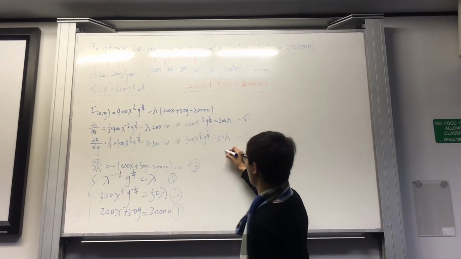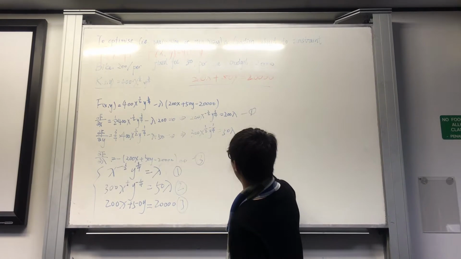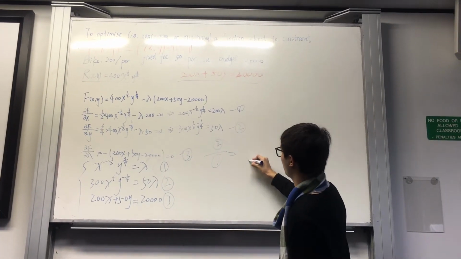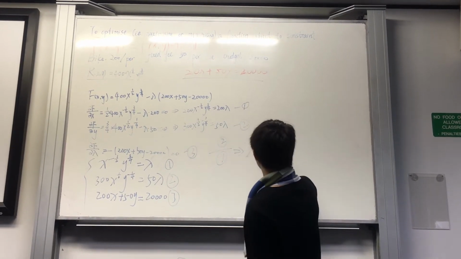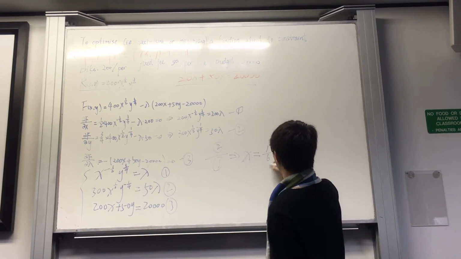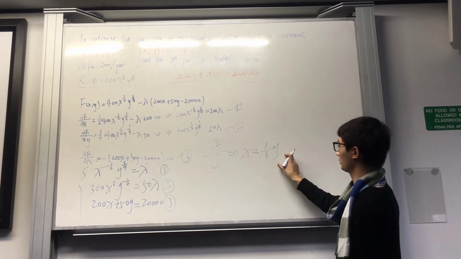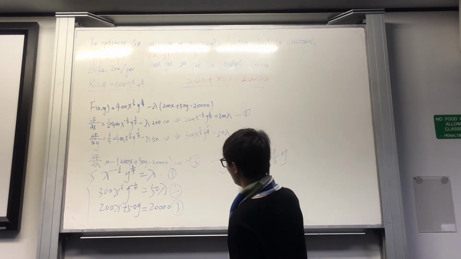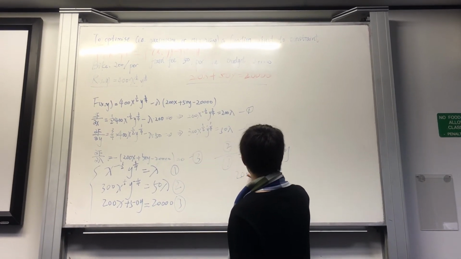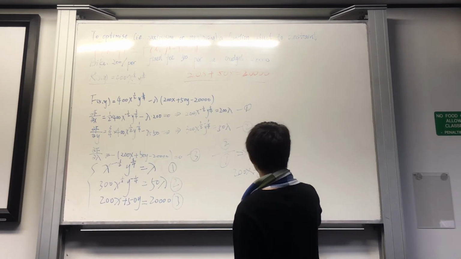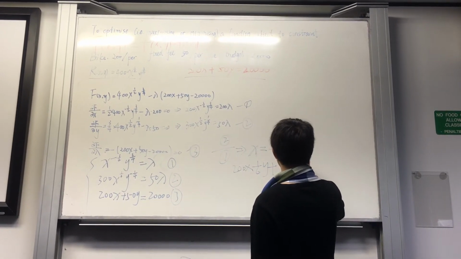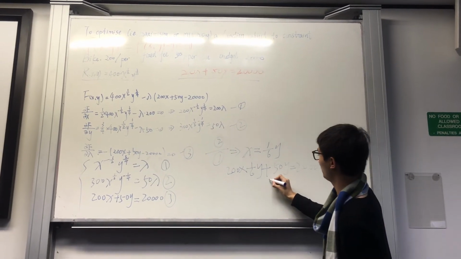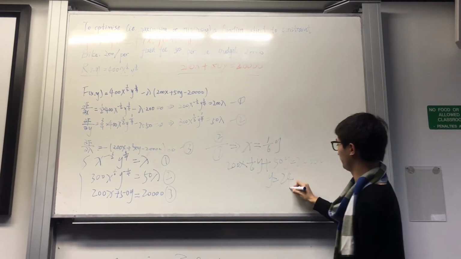We divide the second one by the first one, and we get x equals 1/6 y. Putting this into the third one, we get 200 times 1/6 y plus 15y equals 20,000. We can solve that y equals 214.